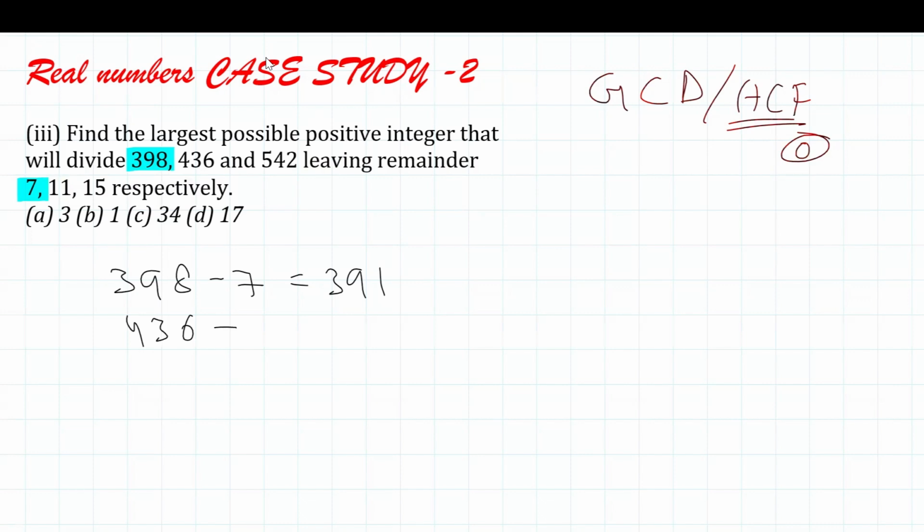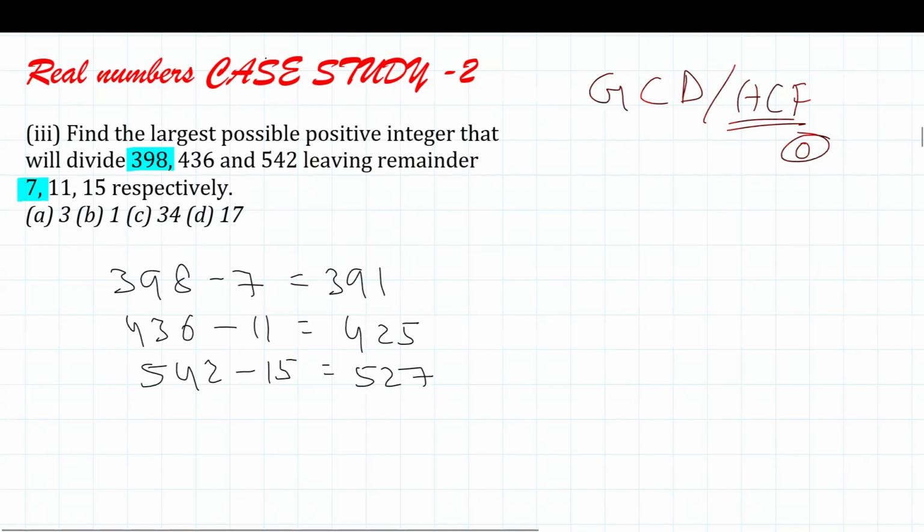Similarly, from 436, if I subtract 11, it's going to be 425. And from 542, if I subtract 15, 12 minus 5 is 7, 3 minus 1 is 2, and 5, so 527. So instead of finding the HCF of these numbers, we should find the HCF of these numbers.